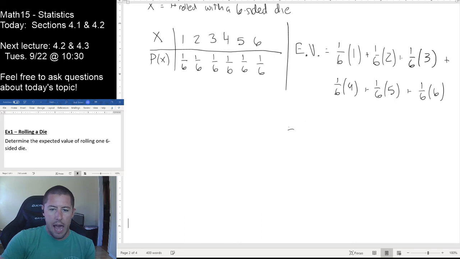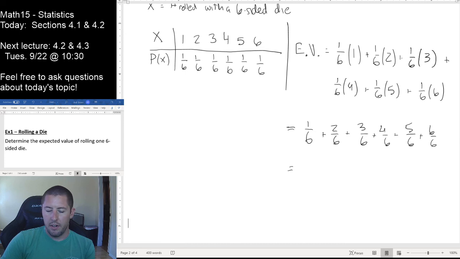So if I add up all of my probability times value plus probability times value that we're adding up here, I'm going to get 1/6 for the first one plus 2/6 plus 3/6 plus 4/6 plus 5/6 plus 6/6. The good news for us is we're adding fractions, but they all have a common denominator already.